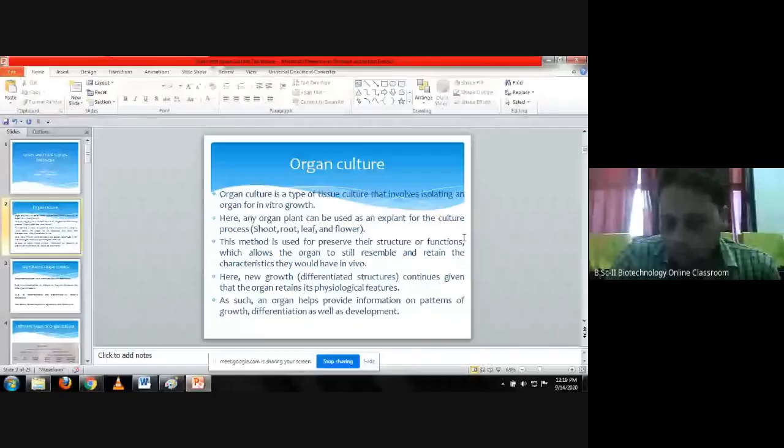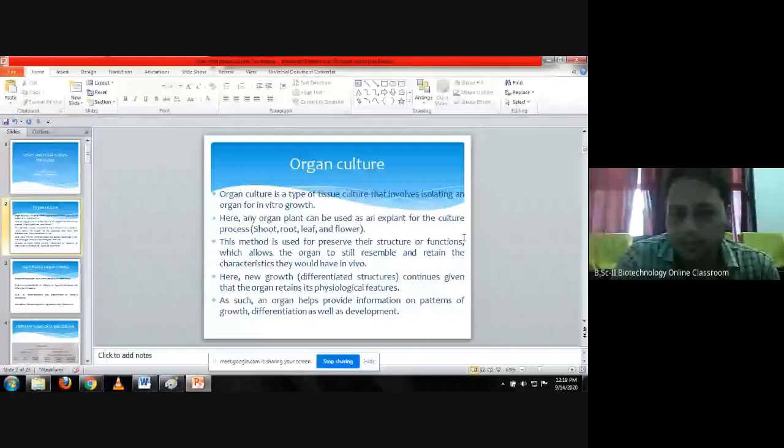So new growth and differentiated structure continue, given that the organ retains its physiological features. Whatever physiological features are present in that organ, it will perform them. As such, this organ helps provide information on the pattern of growth, differentiation as well as development.